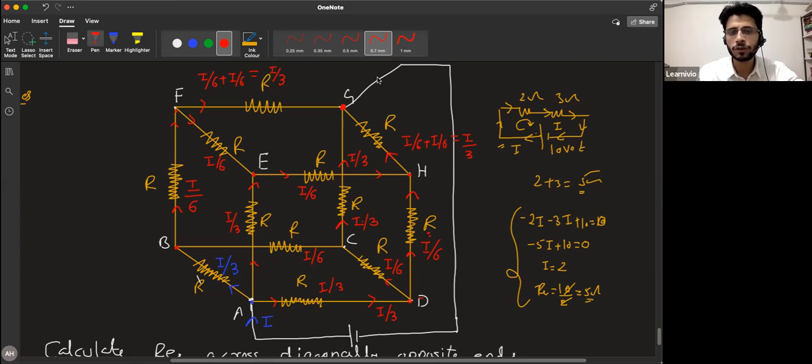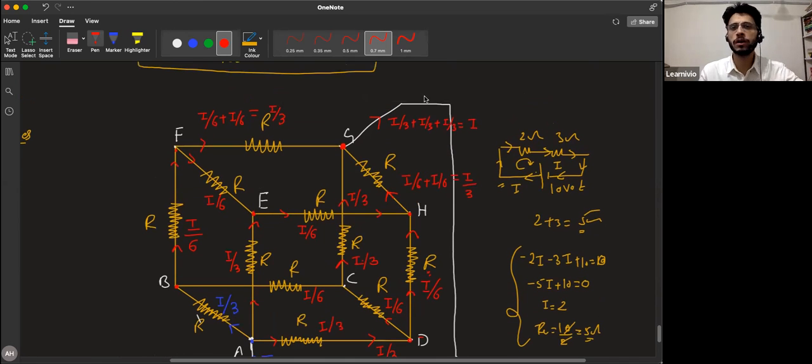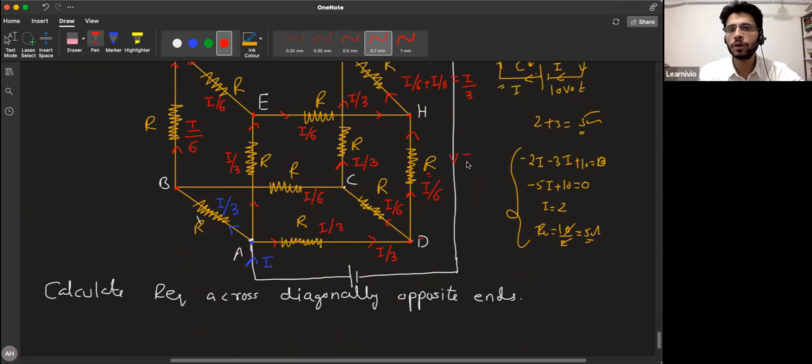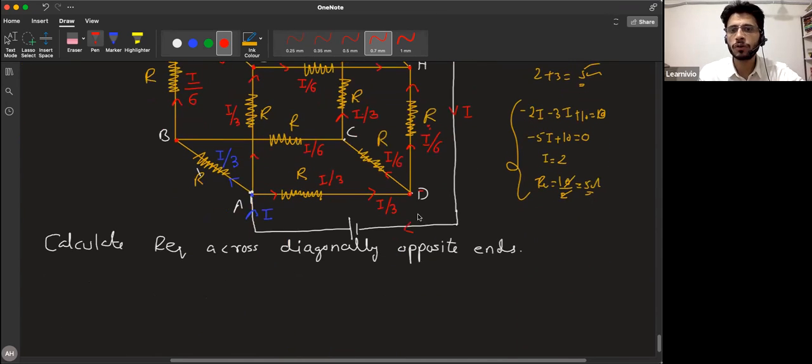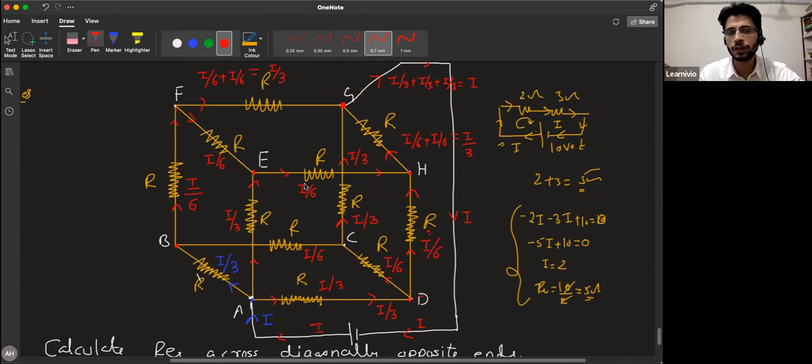This will be I by 3 plus I by 3 plus I by 3, and it will be I. So the total current entering here is I. The current I will go here, and the current I will go here. It's the same current which left this cell that also enters the cell. So that means our division is correct.